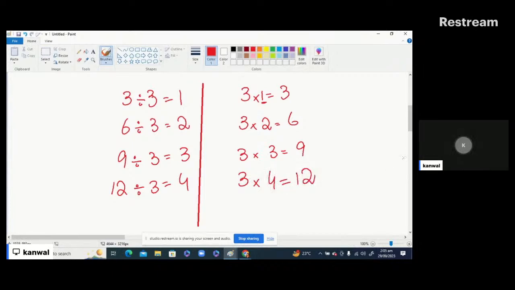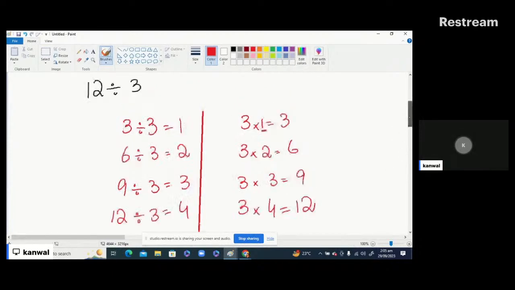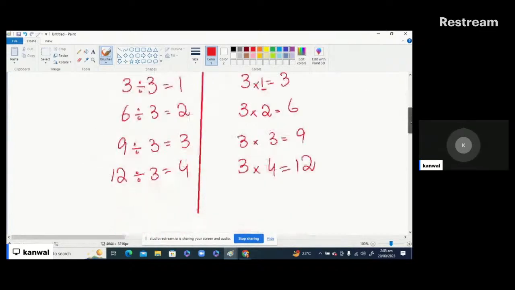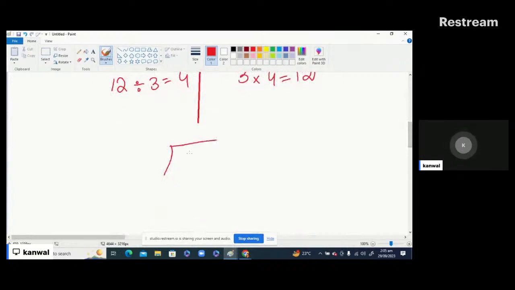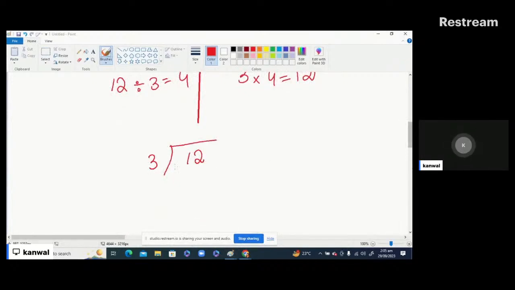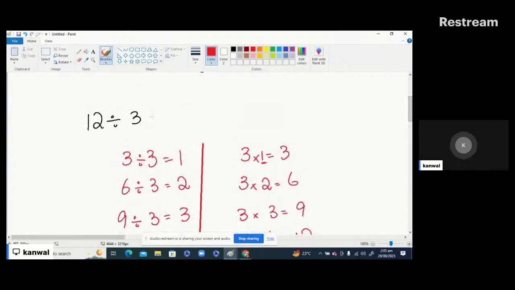So we want to find which number 12 is divided over 3. When we divide 12 over 3, we get the answer 3 times 4 is 12. Then when we subtract, this is the answer, that is 4. So we just write it here: when you divide 12 over 3, you get the answer 4.